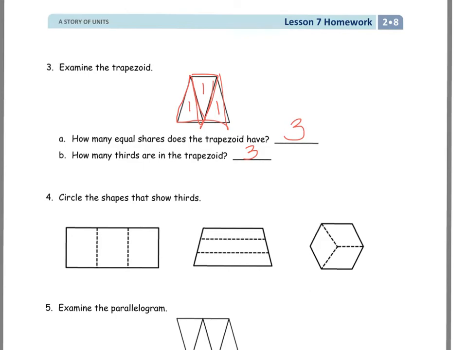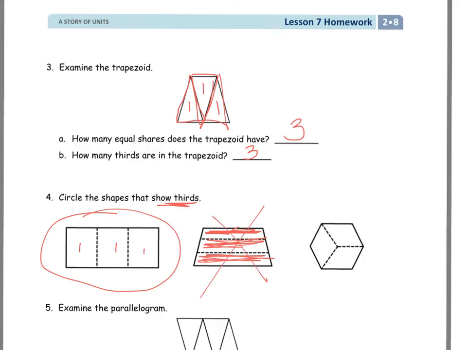So down below we have to circle the shapes that show thirds. So they have to be 3 equal shapes. So this one is thirds because I see I have 3 rectangles that are all about the same size. This one, I see that this doesn't look the same size as this, which doesn't look the same size as this. So I'm not going to circle that one.